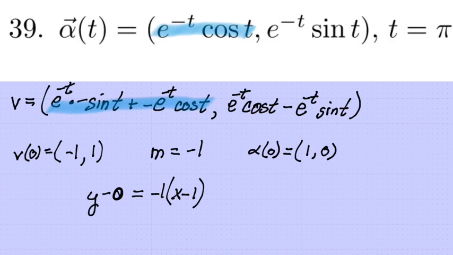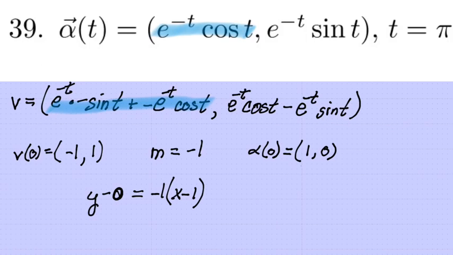Acceleration should be the derivative of the velocity, right? No, velocity is the derivative of position. So it's a position function? Yeah, alpha is the position function.